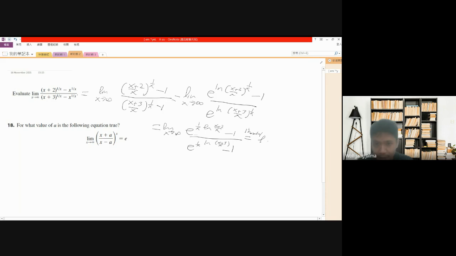And we have limit x to infinity. This one would be, I think, the derivative... square... minus plus x over x plus 2, 1 over x.